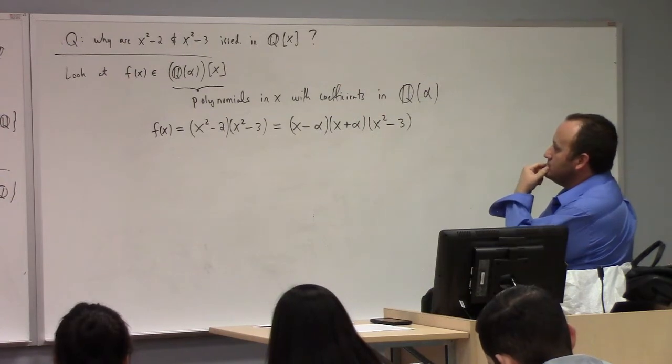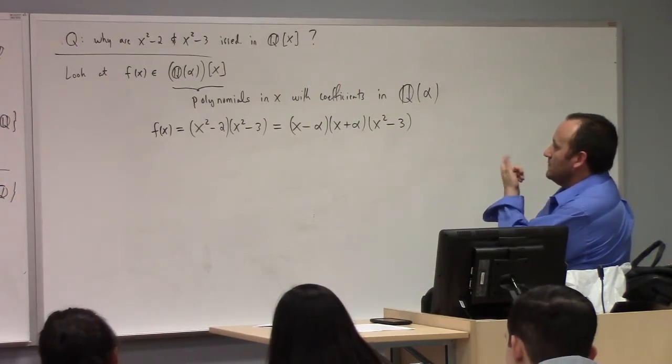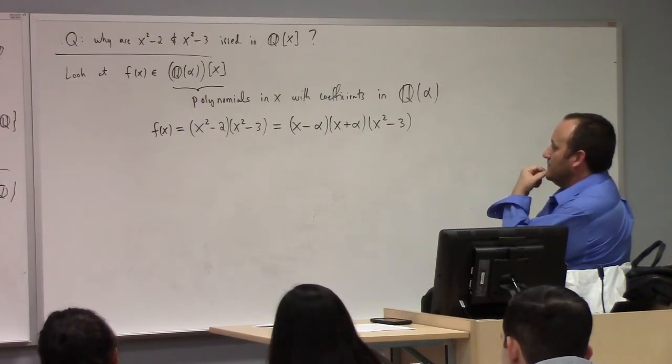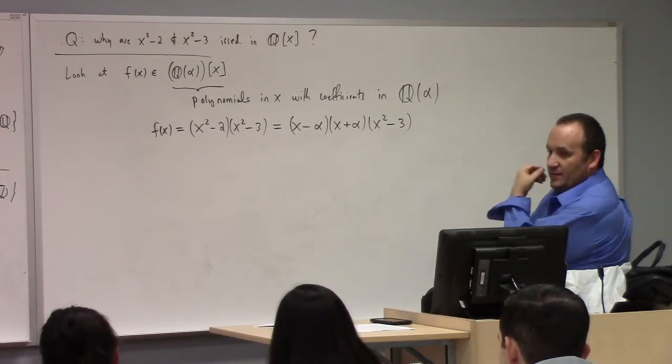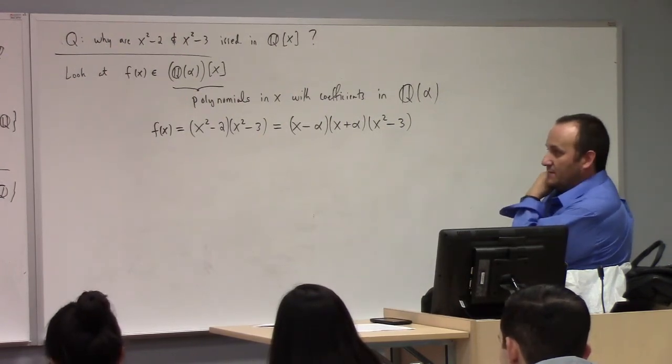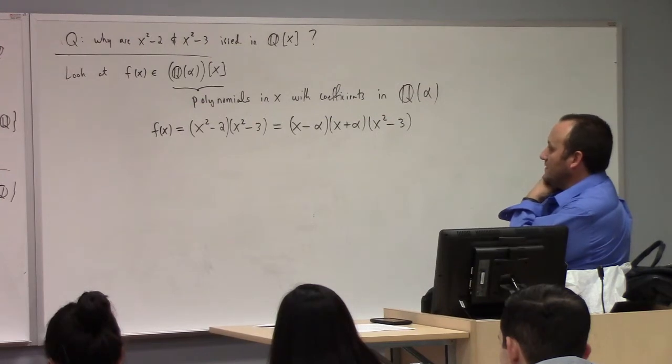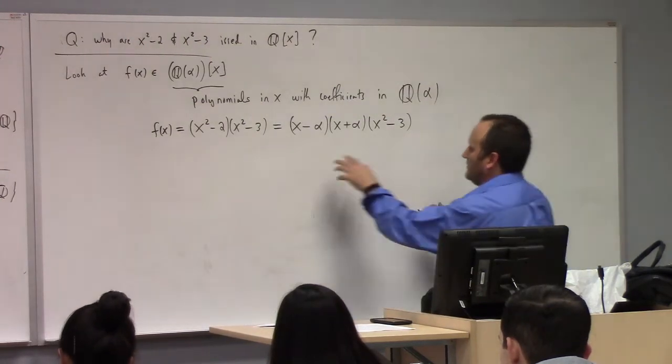Right? Now, to be fussy, I should probably multiply that out. It's not clear that it's a polynomial over Q adjoin alpha just yet. How's this work out?